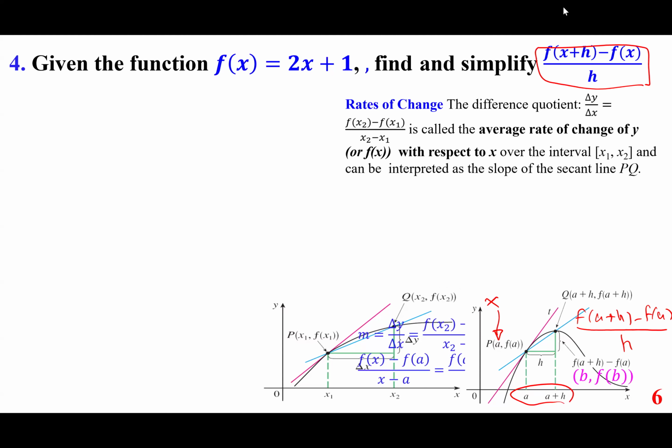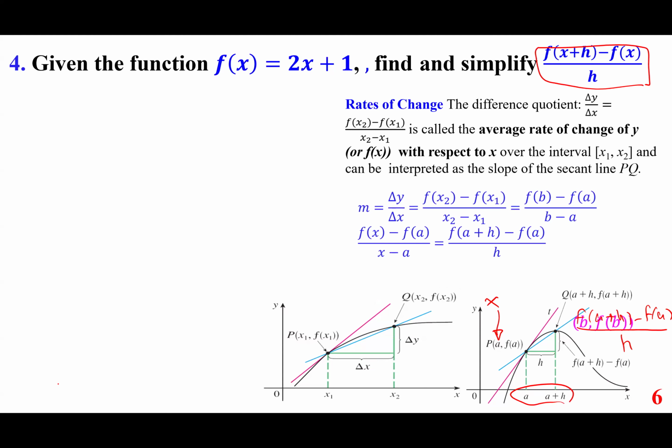All right. So there are different ways of writing that. m equals delta y over delta x, or f of b minus f of a over b minus a, or f of x minus f of a over x minus a. It really depends how you write them, okay?